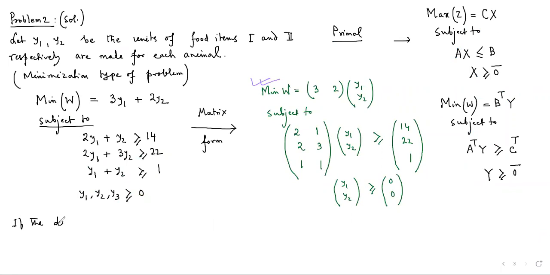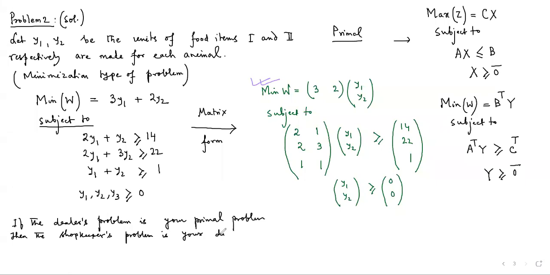So the main conclusion is, if the dealer's problem is your primal problem, then the shopkeeper's problem is your dual problem. Now, there is no hard and fast rule for considering a particular problem to be primal and another to be dual.